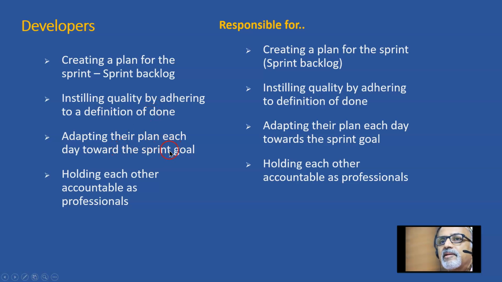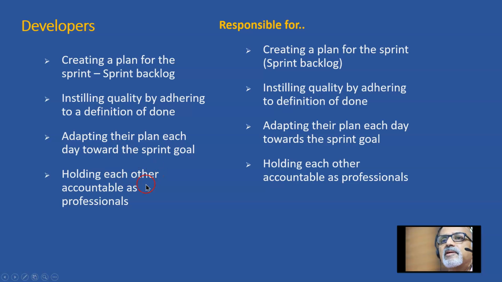There should be absolute clarity on the definition of done for every work we are doing. Adapting their plan each day toward a sprint goal. For every sprint there is a goal to be achieved. So they keep adapting their plan each day based on the progress made, based on the deviation, based on the lessons they learned. They keep on fine-tuning the plan to accomplish the sprint goal.